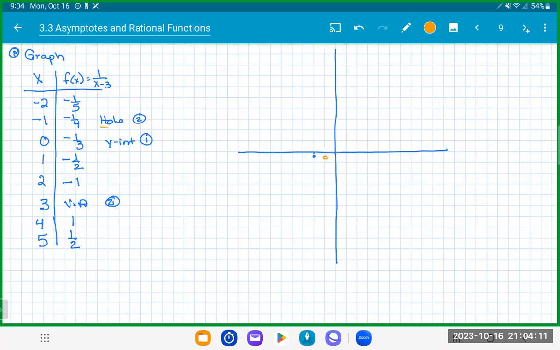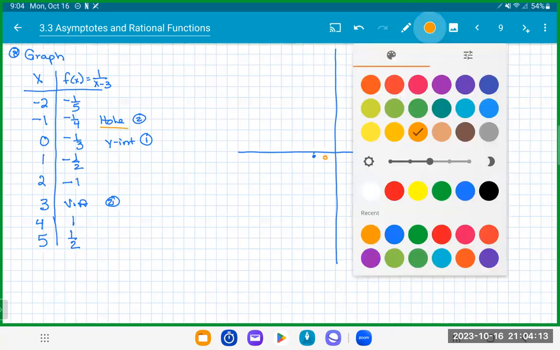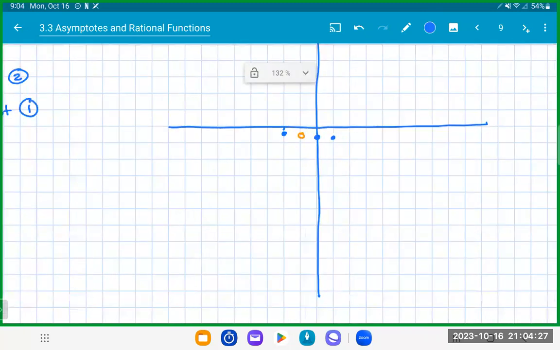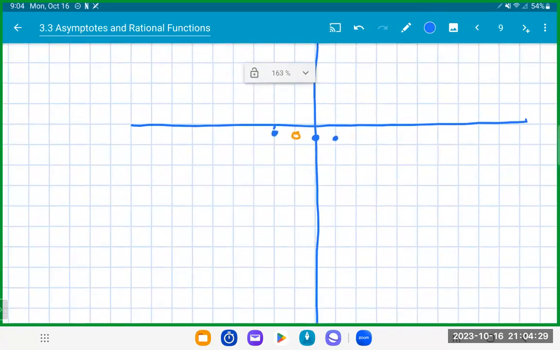I'm going to just highlight that there in orange. Have this point 0, -1/3. Okay. I have 1, -1/2. I know this is not quite right.